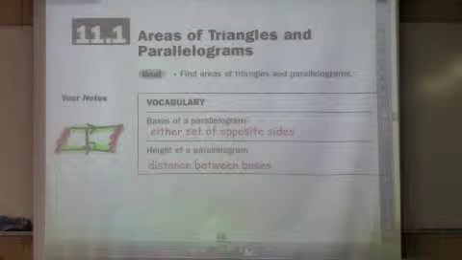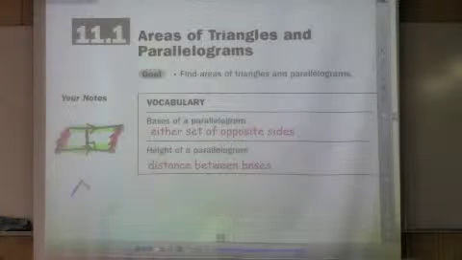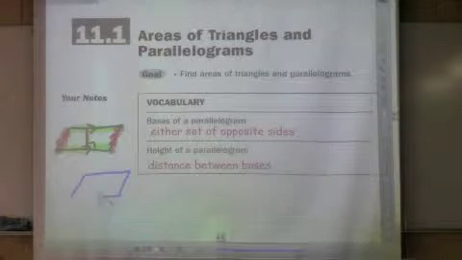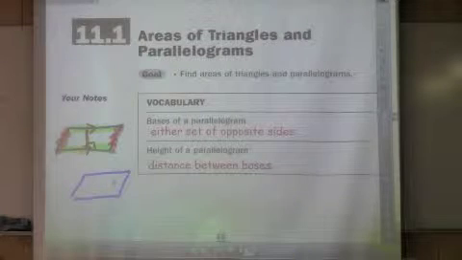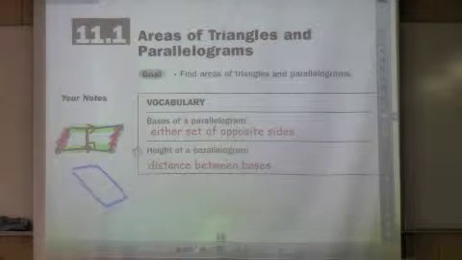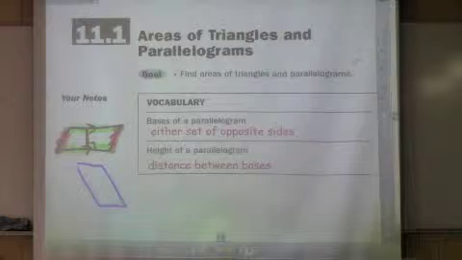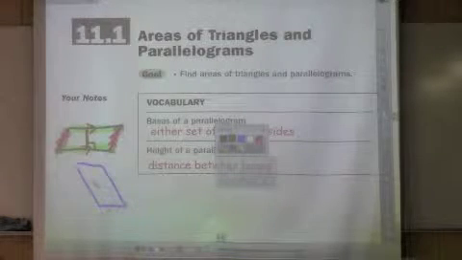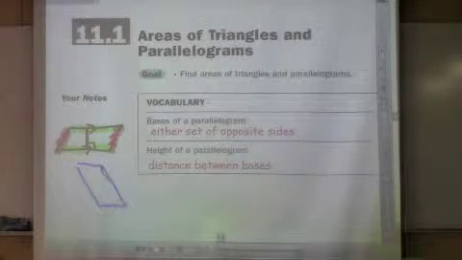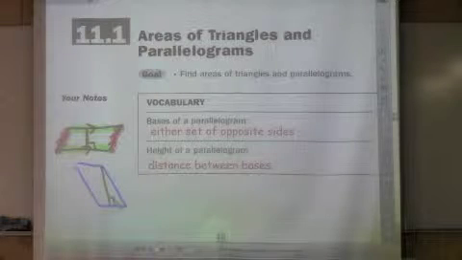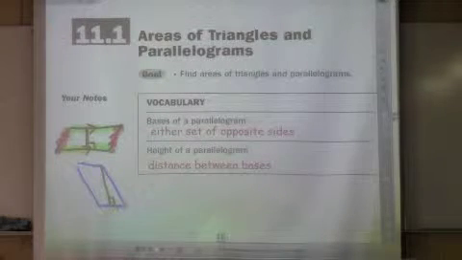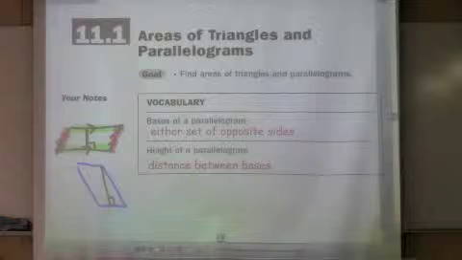Why did I lose a piece? I suppose I need to do all 4 pieces together. 1, 2, 3. If I took it and I turned it like that, sometimes it's easier for people to visualize. And then like Hayden said, if you drop this perpendicular from here down to here, that would be the distance between their bases. So again, it really doesn't matter which side you pick.